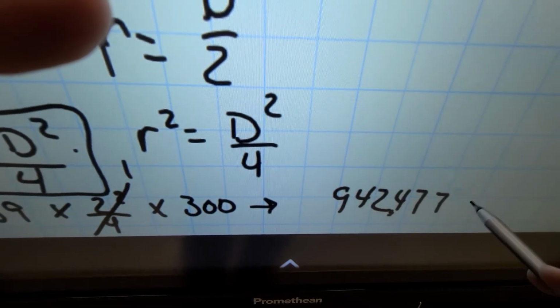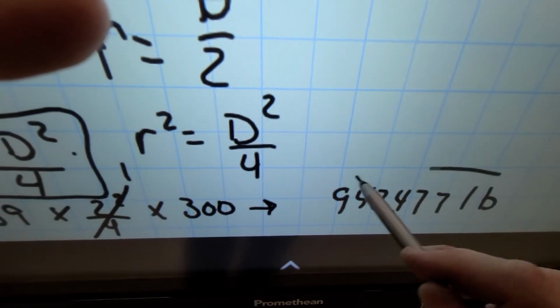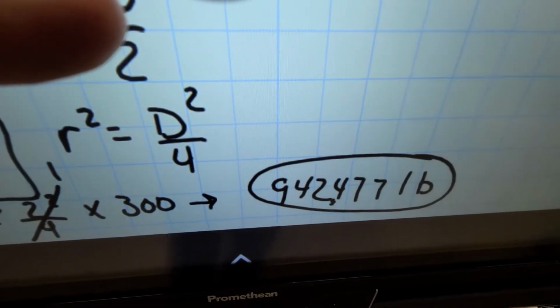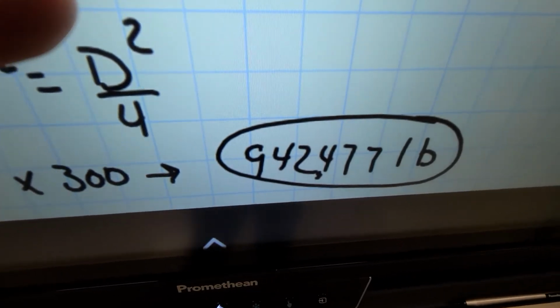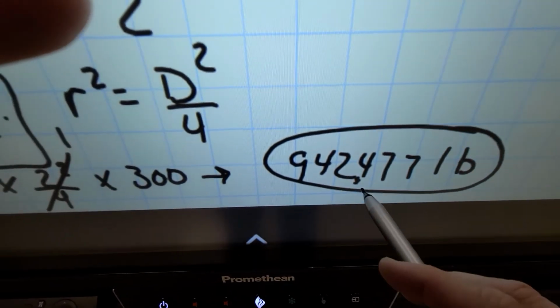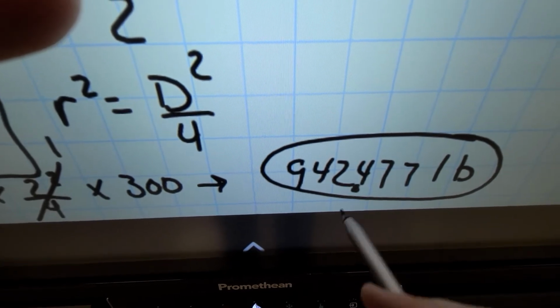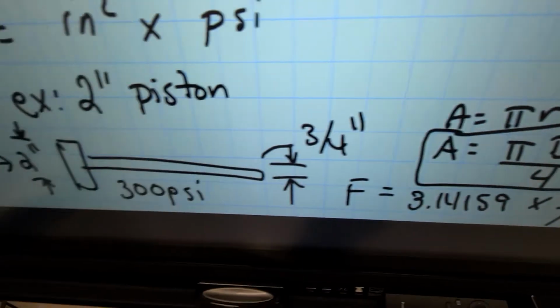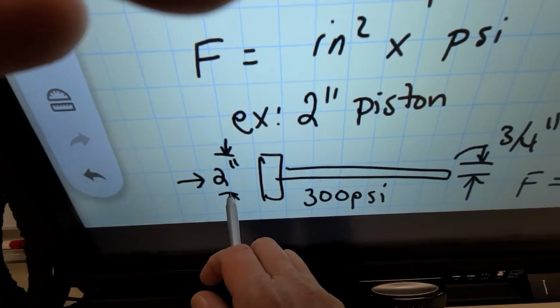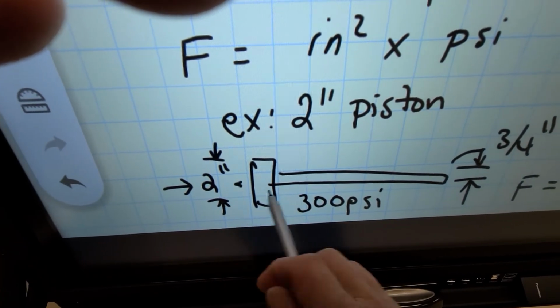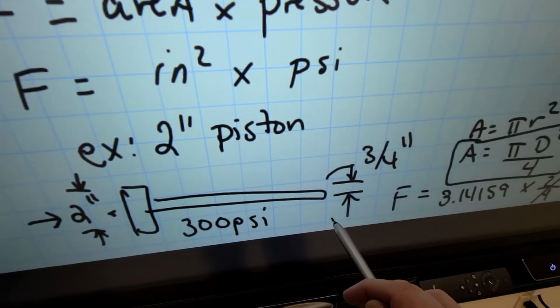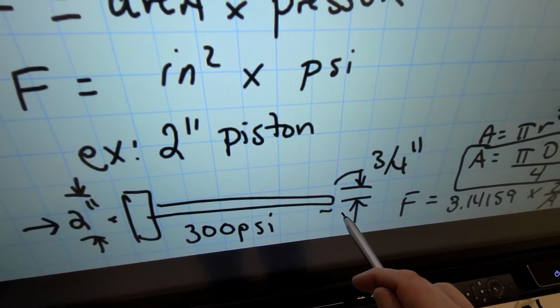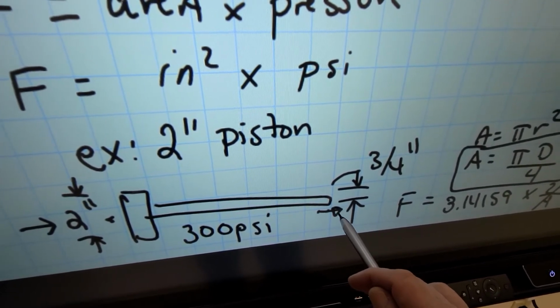So it looks like about 942 pounds of force. And you want to check that on your calculator. I don't have one handy, but it looks like about 940 pounds of force. So what that means is if I put 300 psi on this side of the piston, I'll get 942 pounds of force pushing outward on this side, on the rod.